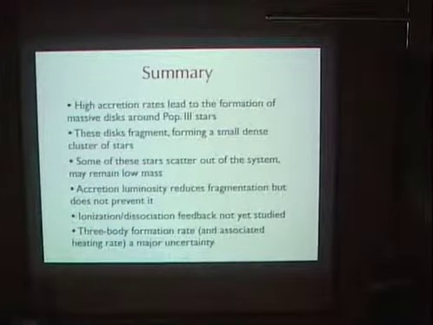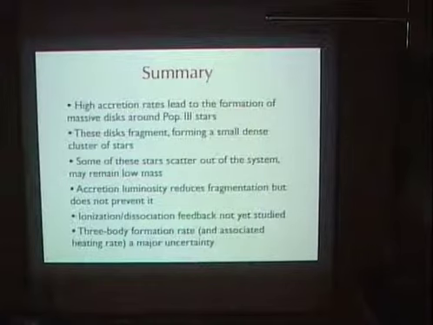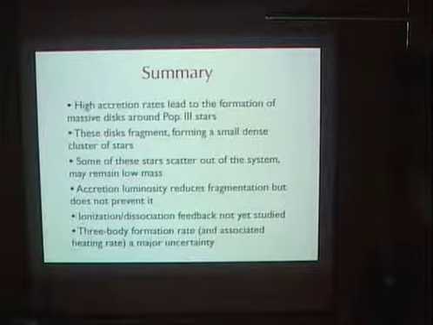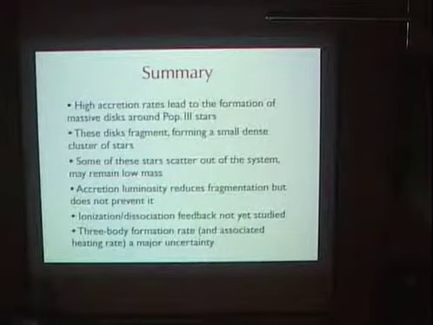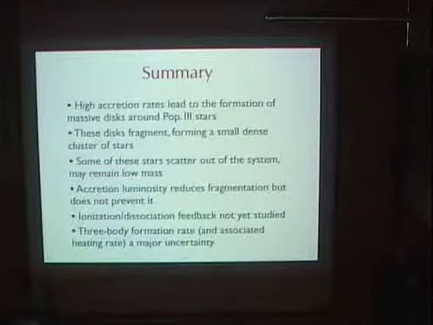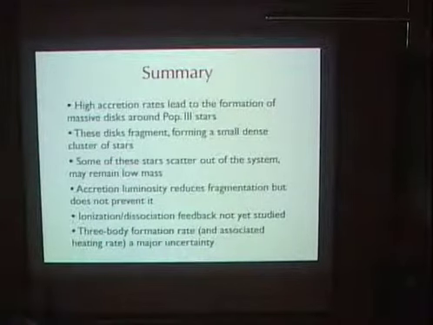On scales very close to the accretion radius, then clearly the fact that you're using this artificial thing is going to affect the outcome. That's largely what I was talking about with this issue of mergers and close encounters between sinks. We know we're doing the wrong thing there, but right now it's the best thing that we can do, even though it's not as good as you would like.